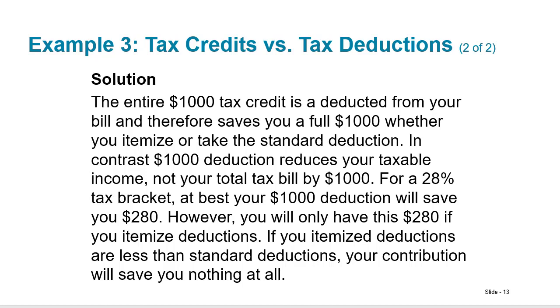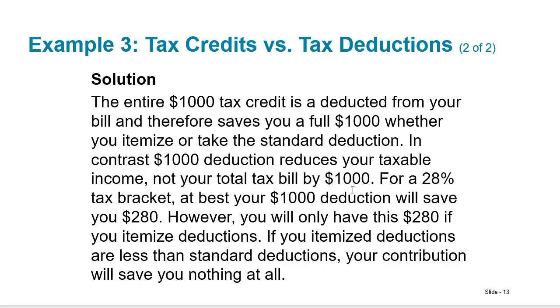This is like a credit. It says instead of owing $3,000 in taxes, you only owe $2,000 in taxes. Now, by contrast, a $1,000 deduction reduces your taxable income by $1,000, not your tax, right? So let's say you're making $50,000, it basically just says you're now only making $49,000. And if you're in the 28% tax bracket, then it only saves you 28% of that money.